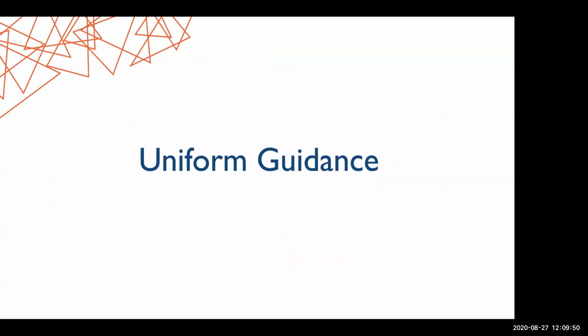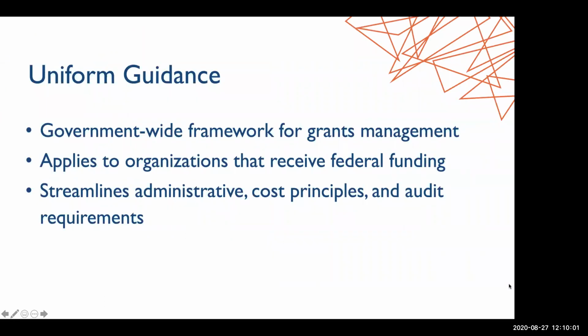So over the next few slides, we will discuss the uniform guidance and some key points for you to keep in mind as you're developing your budgets. Just please note that it's a pretty simplified overview and not a substitute for reading the regulations. The uniform guidance provides a government-wide framework for grants management, and again, the uniform guidance is 2 CFR 200 and 2 CFR 600, as Andy had mentioned earlier.